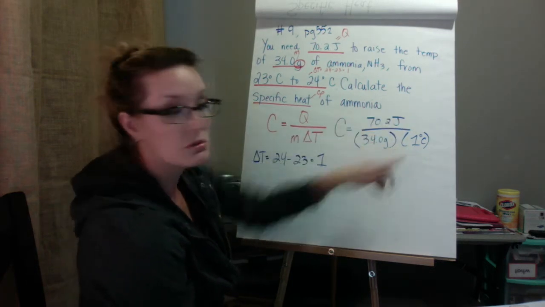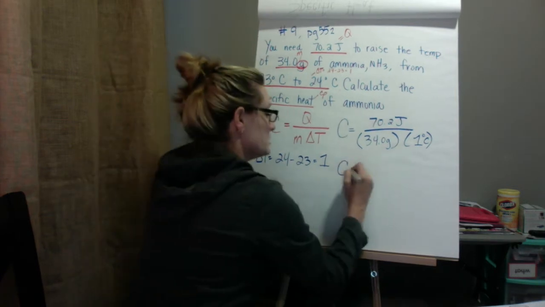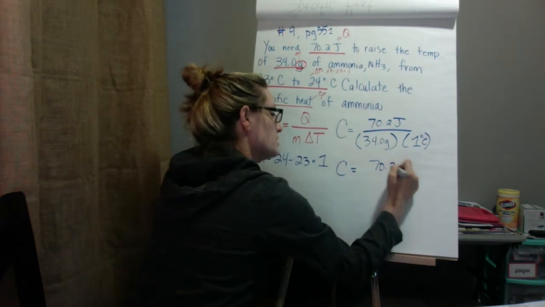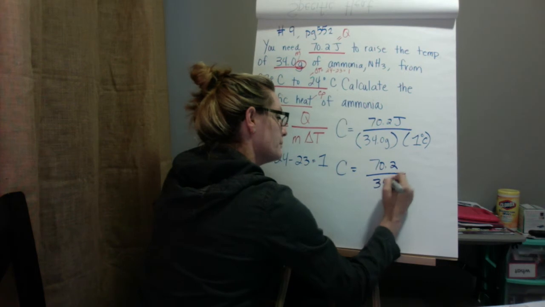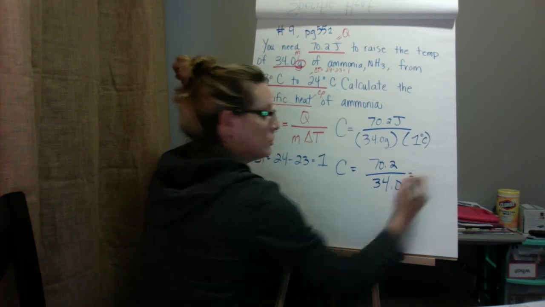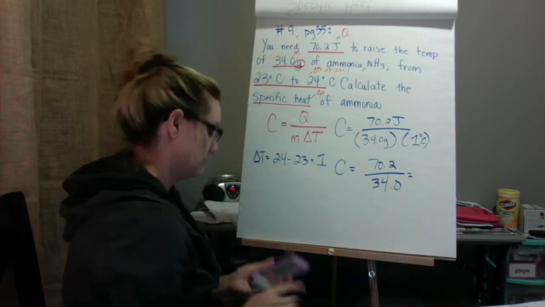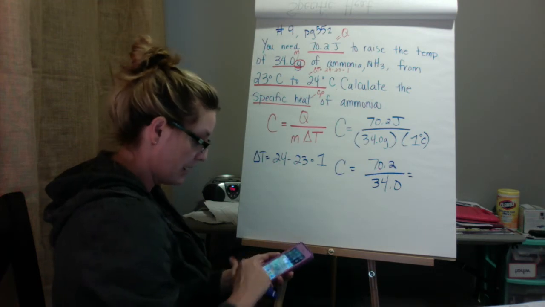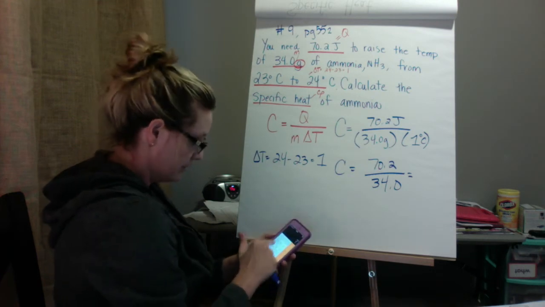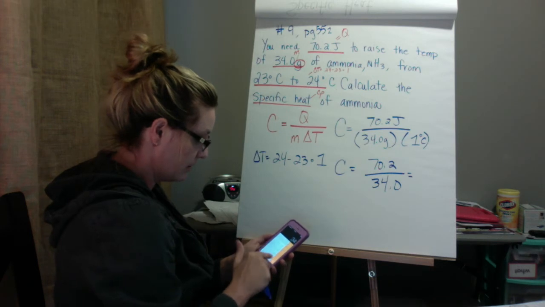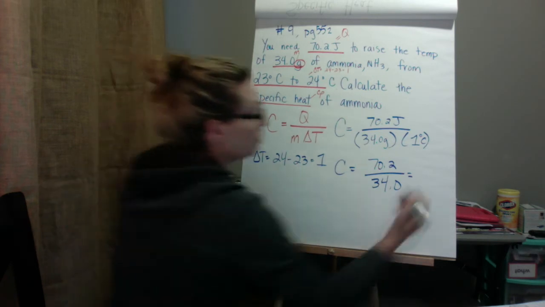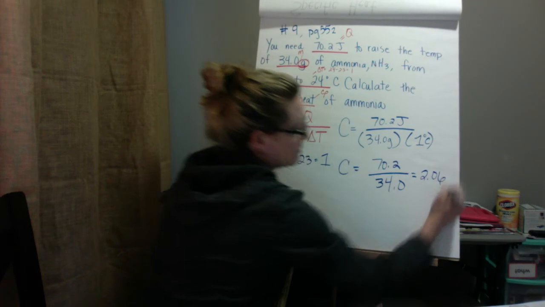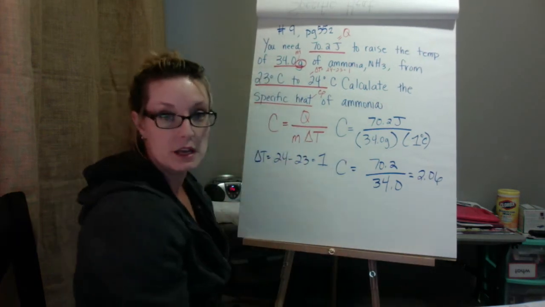Well, 34 times 1 is 34. So C equals 70.2 divided by 34.0. Obviously, that's going to be about 2, but I'm going to double check my math. 70.2 divided by 34 is 2.06.